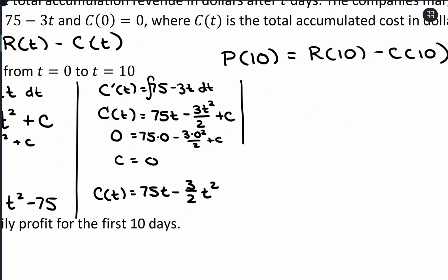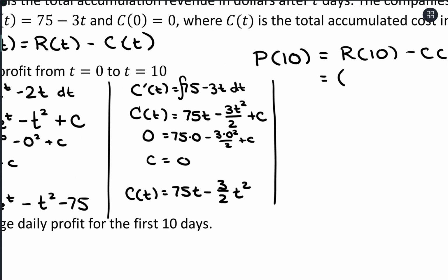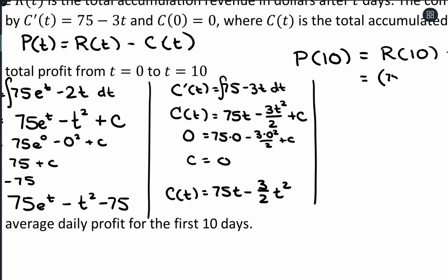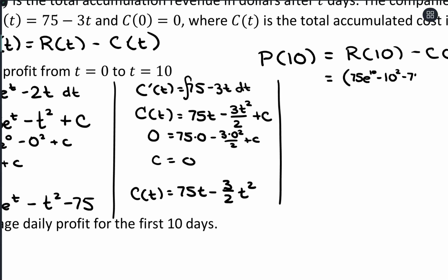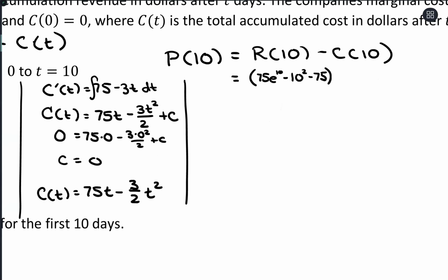Okay, so now that I have that, we can find p of 10 by plugging in 10 to our revenue function. So we're going to have 75 e to the 10th power minus 10 squared minus 75. And then we're going to subtract the cost function, so 75 times 10 minus 3/2 times 10 squared.